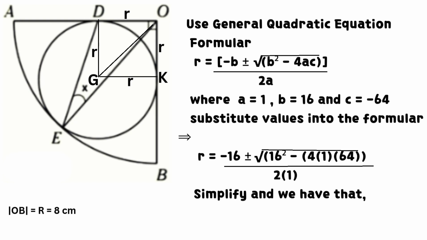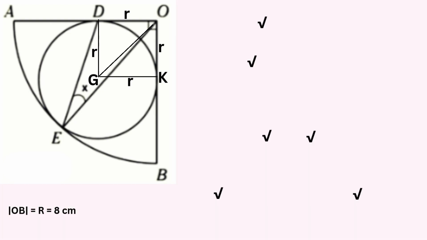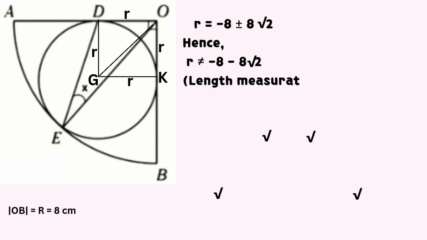We have that small r equals the value shown on the screen. Simplify and we have that small r equals negative 8 plus or minus 8 times the square root of 2.